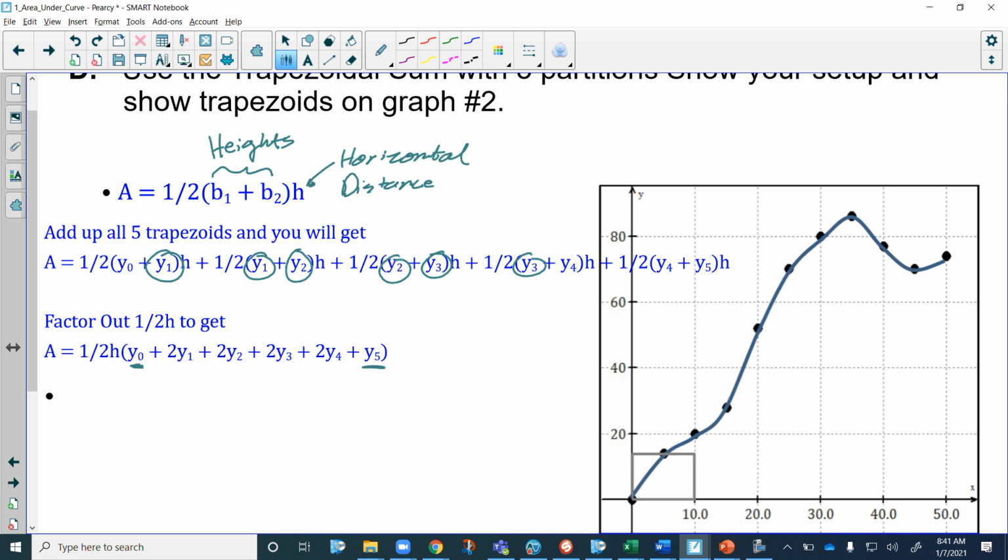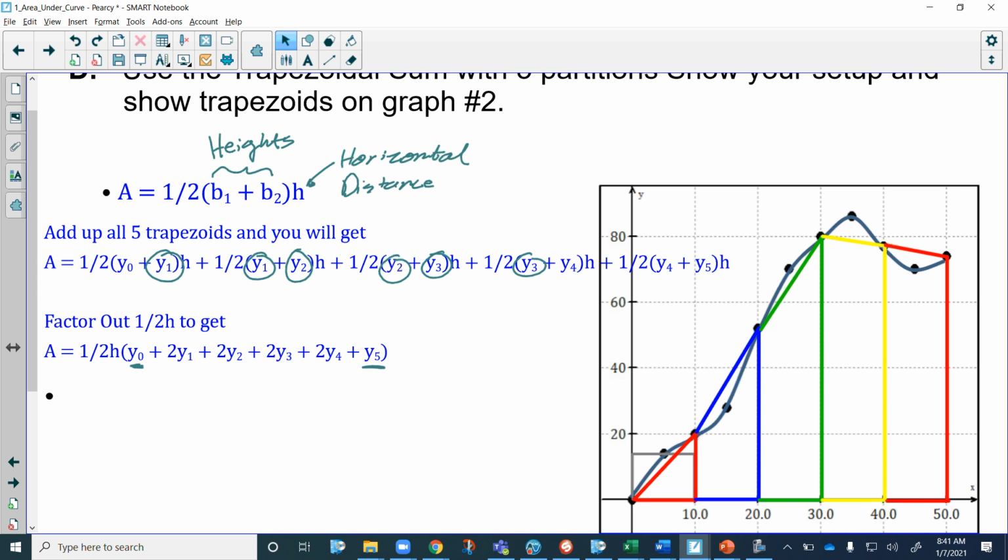But let's take a look at the trapezoids themselves and see what I have. This is how I'm drawing my trapezoids. In this case, the height of the trapezoid, the horizontal distance, is what we were thinking of as the base of the rectangles earlier. That is the distance between the two bases, which in this case are actually the vertical segments. So I'm connecting the two dots of the heights.